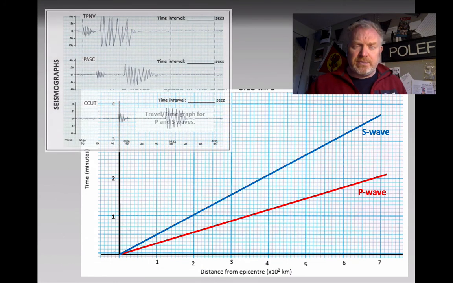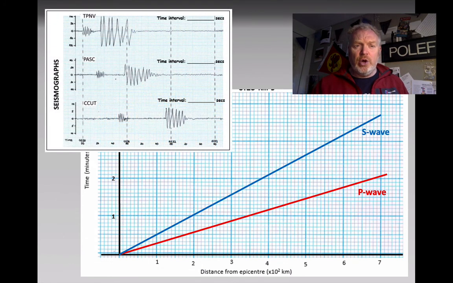Now to work this out, we need the seismographs. These are the records made when the earthquake reaches a seismic station, it shakes the ground, and that shaking is recorded on these graphs.